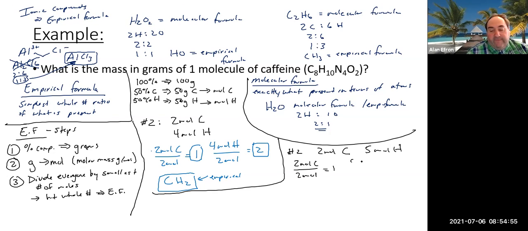We then take the 5 moles of hydrogen divided by 2, and that would equal 2.5. That would give us an empirical formula of CH2.5. Now, 2.5 is not good because you cannot have half a mole of something, right? So this would not be the correct empirical formula.